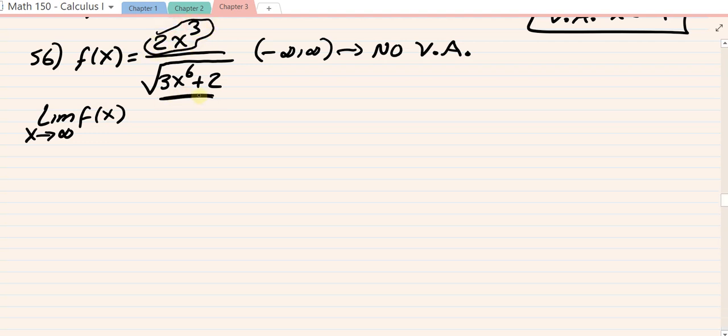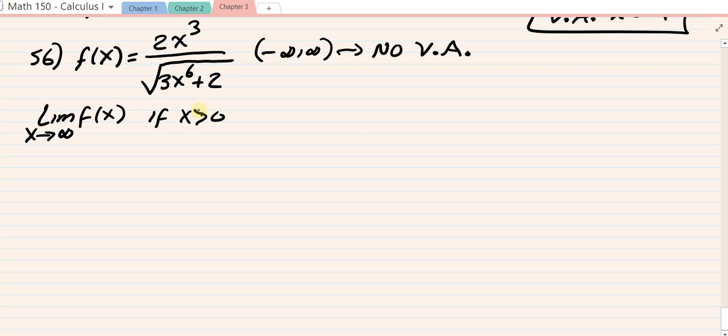It doesn't make a difference in the denominator, because it's always positive, but it makes a difference whether x is positive or negative, because if it's negative, the numerator is negative. If it's positive, the numerator is positive. So we're going to look at this limit if, let's say, x is positive for now.